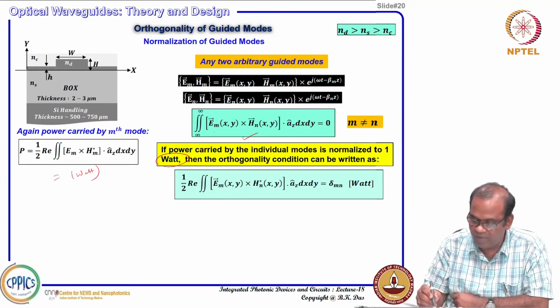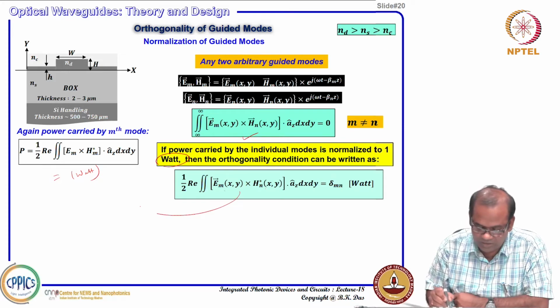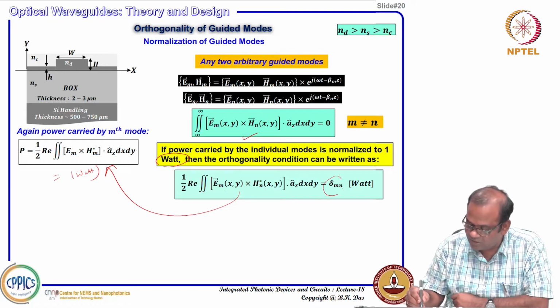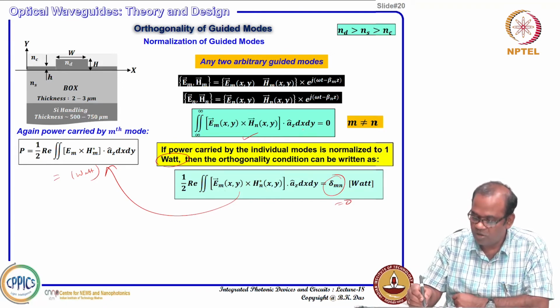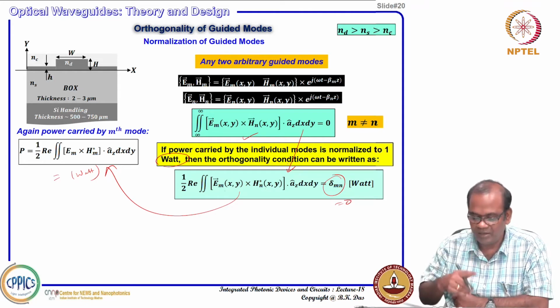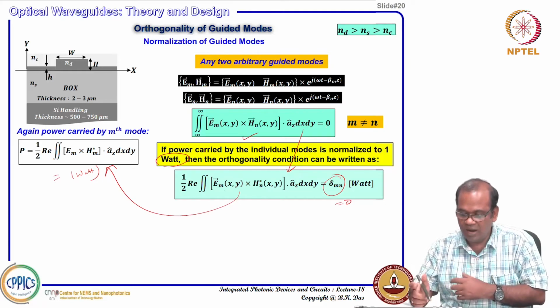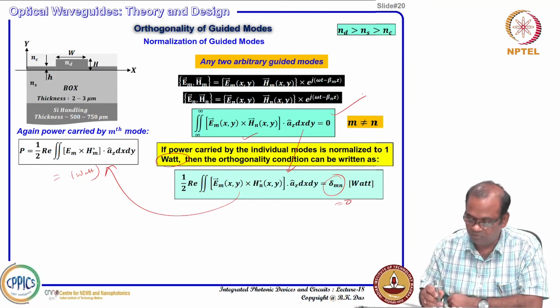Now here both the m and nth modes you are considering. When you put m equal to n, it becomes this equation. So for m equal to n, delta mn will be 1 watt. For m not equal to n, it will be 0. In general, just considering the power carried by a mode and the Lorentz reciprocity theorem we have used, you club them together, and you can write the orthogonality condition in this form.